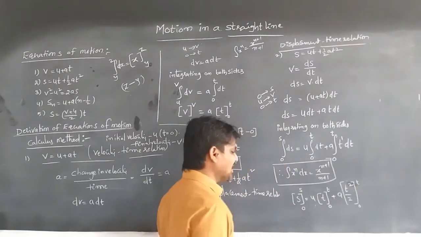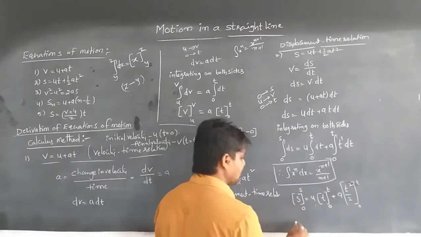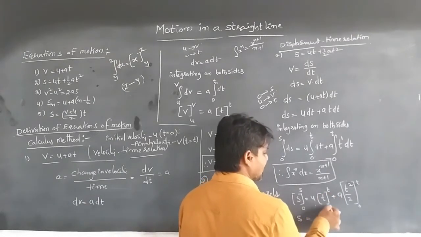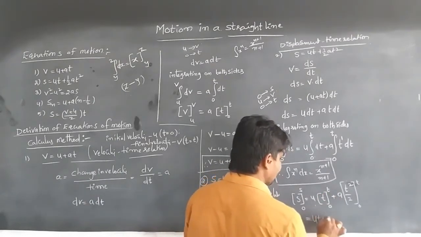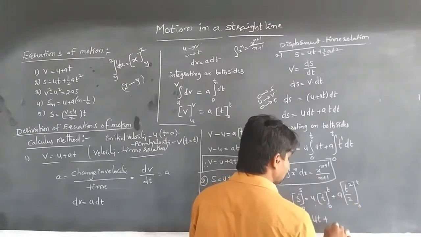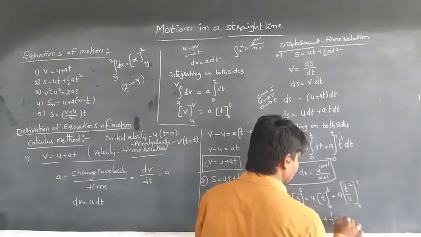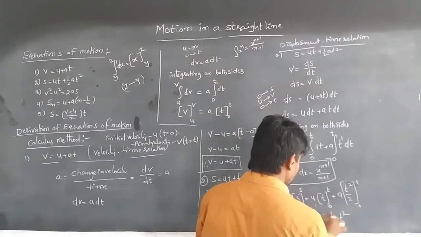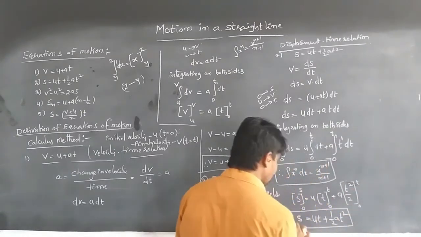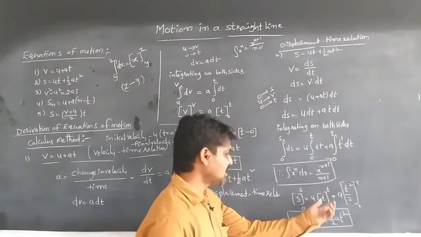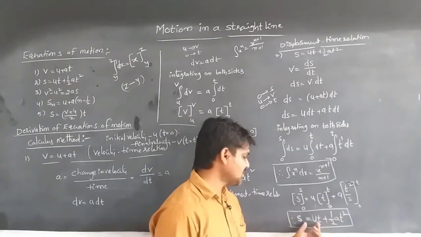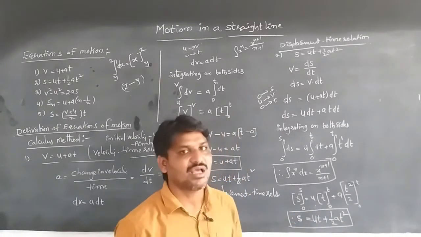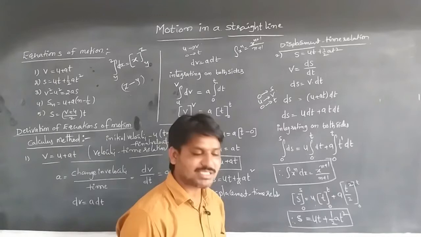Applying the limits, s minus 0 is equal to u into t minus 0, that is ut, plus 1 by 2 taken outside, a into t square minus 0 square, t square. By applying the limits we get s is equal to ut plus half at square. This is the relation by using the calculus method.